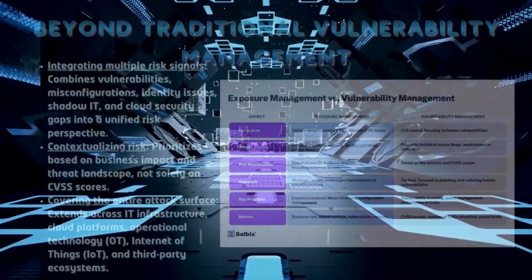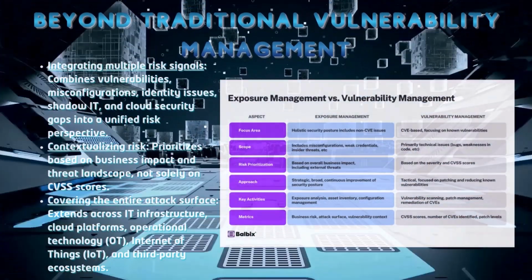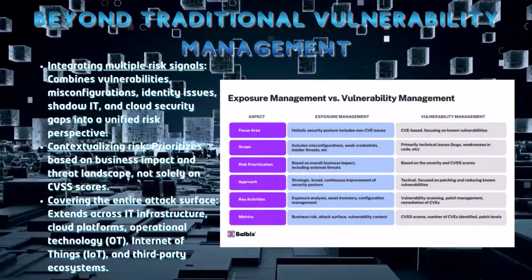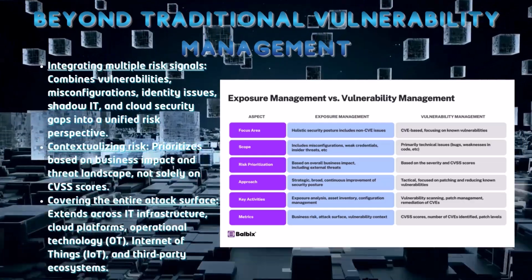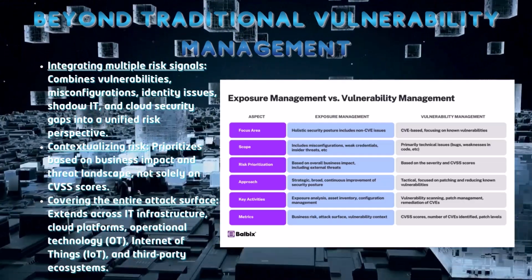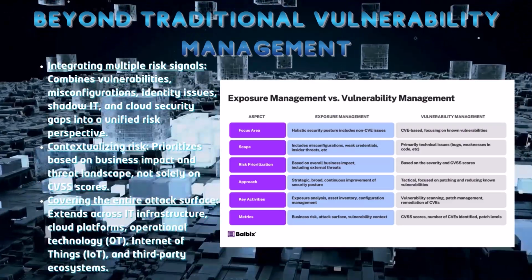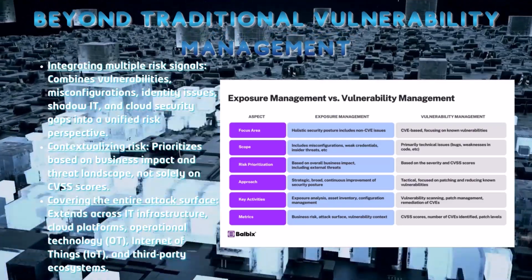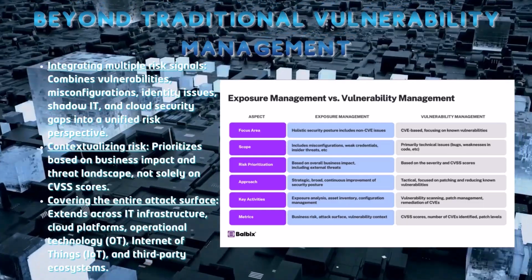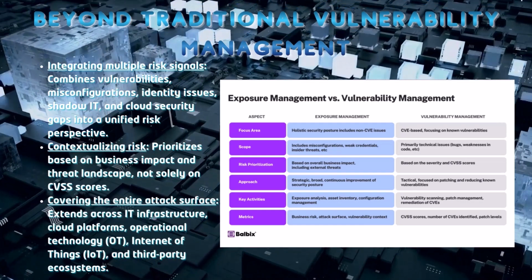Traditional vulnerability management primarily focuses on identifying and patching CVEs on known systems. Exposure management takes a broader approach by 1. Integrating multiple risk signals by combining vulnerabilities, misconfigurations, identity issues, shadow IT, and cloud security gaps into a unified risk perspective. 2.